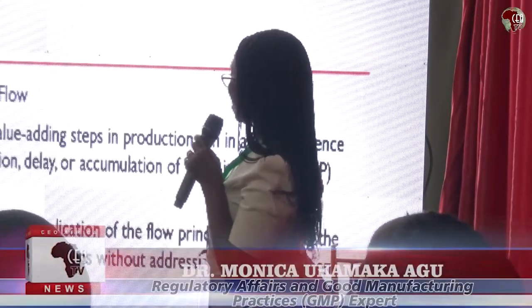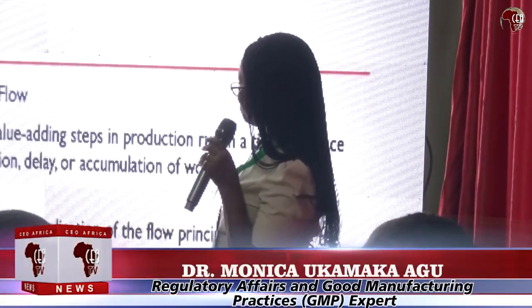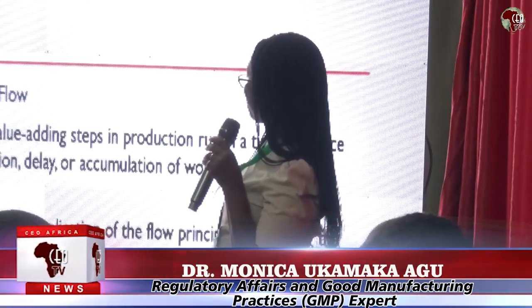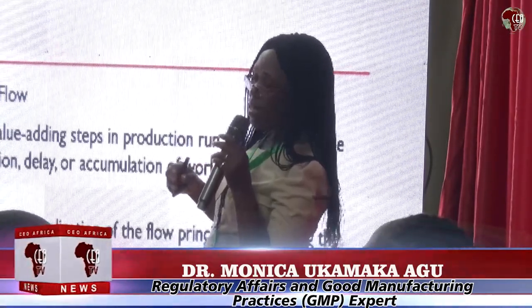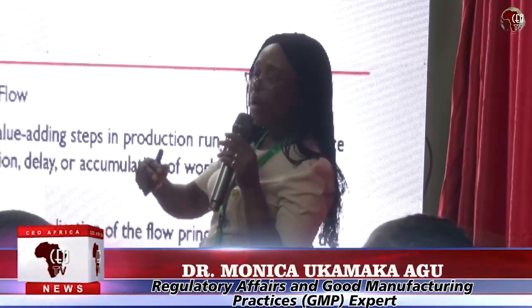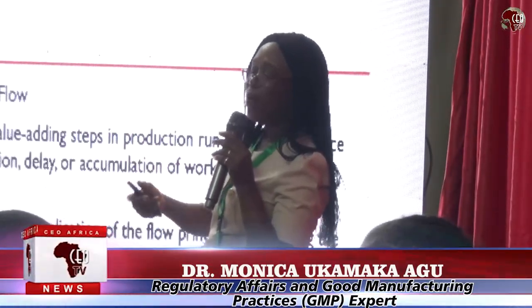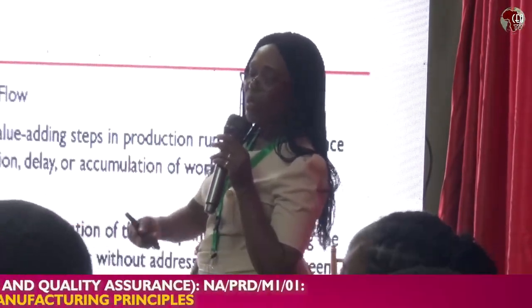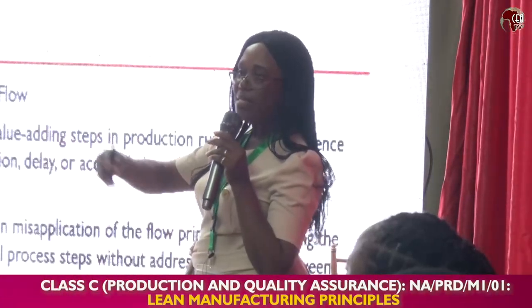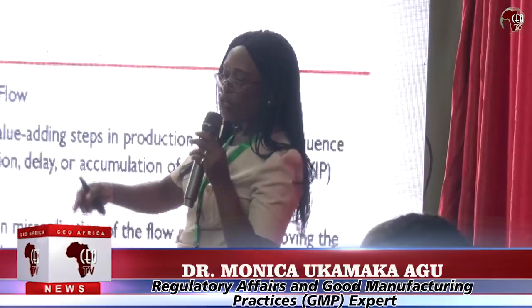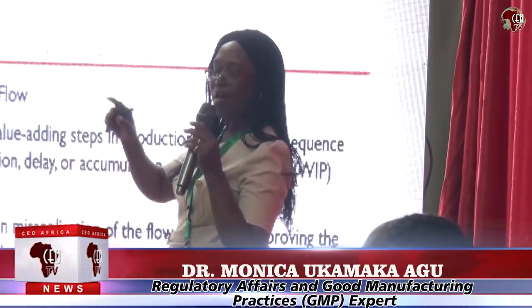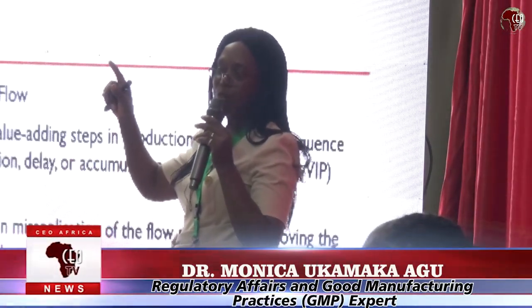Then principle number 3 is that you need to create flow. You should ensure that the value adding steps in production run in tight sequence. There shouldn't be lag time. It's not that when you finish this one, you wait idle time before you start the next one. It should be in tight sequence, because batch production is actually prone to a lot of wastage.